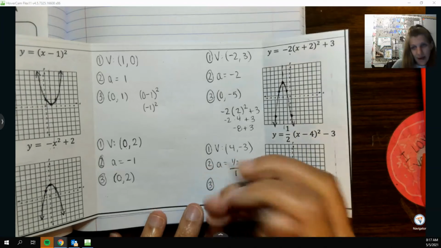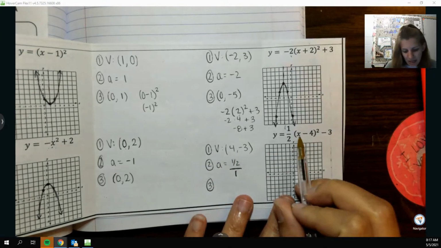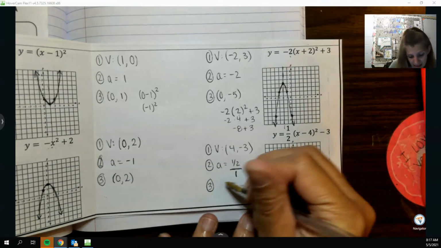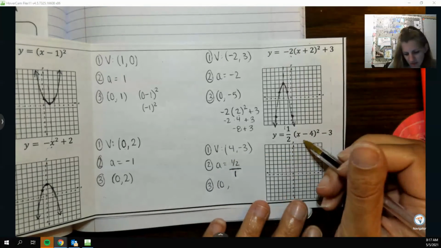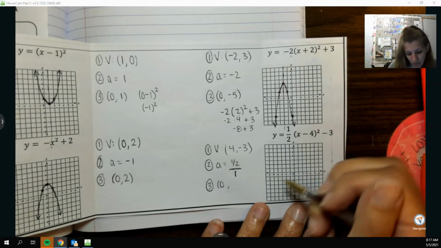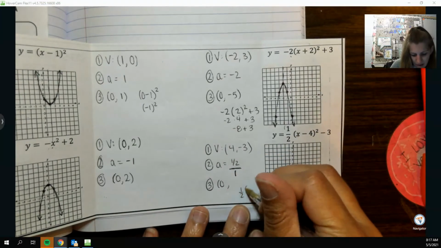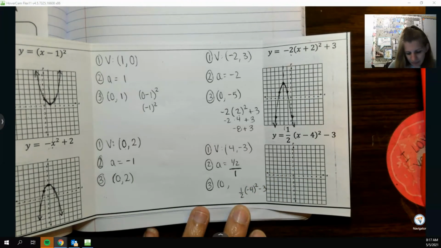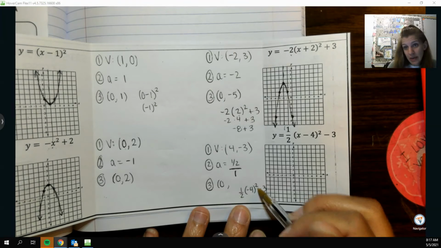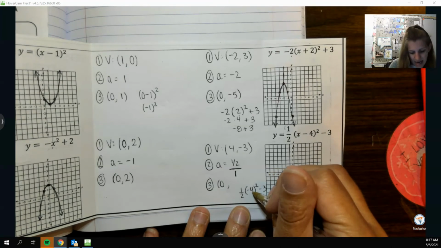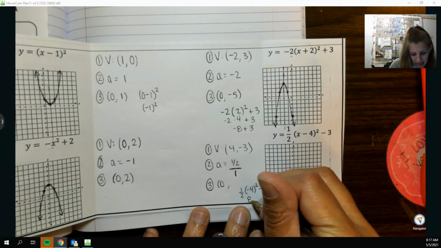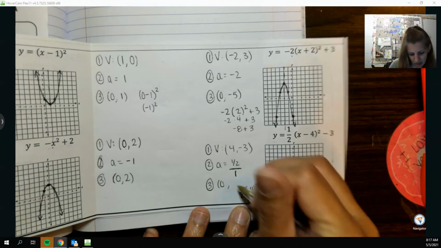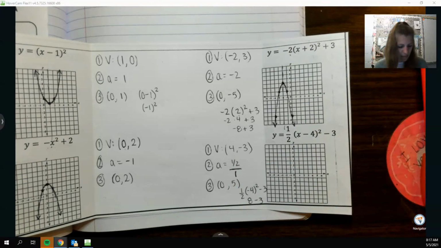And then lastly, we can find that y-intercept by putting 0 in place of x, which really just means that the x goes away. And so I have 1/2 times -4 squared minus 3. Now -4 squared is 16, and 1/2 of 16 is 8, minus 3 is 5.